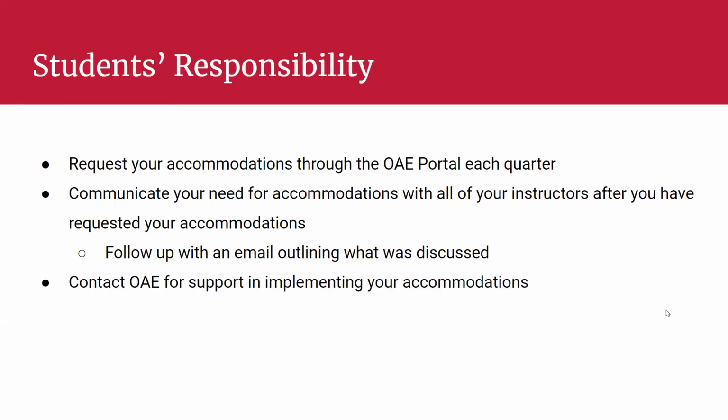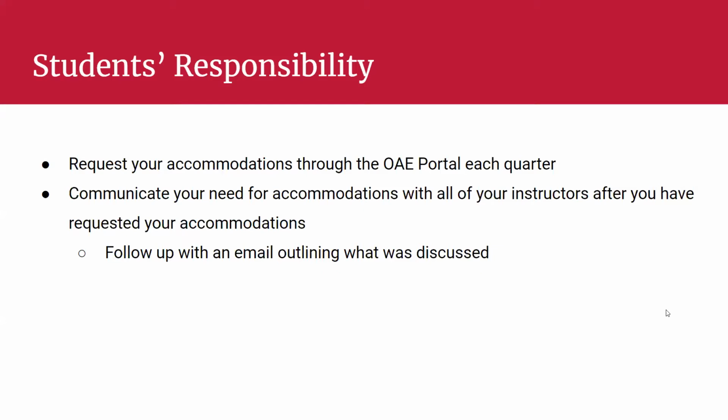I always encourage students to follow up with an email outlining what was discussed. That's helpful for you to remember what your instructor asks you to do to make sure your accommodations are being implemented. It's a good way for you to review that information, and if you send it to the instructor, then they can always refer back to it too.